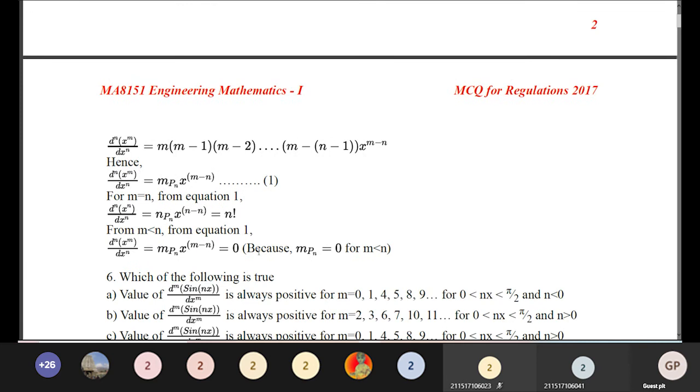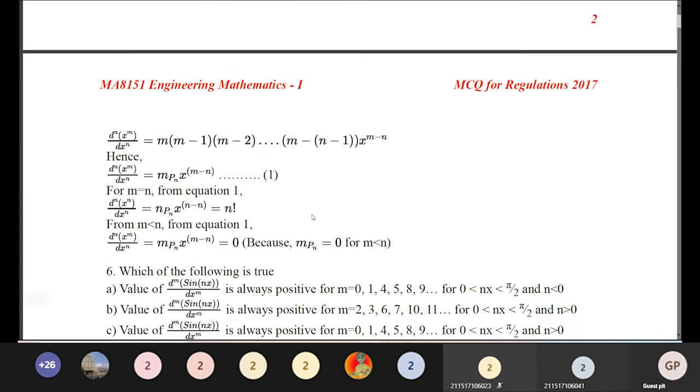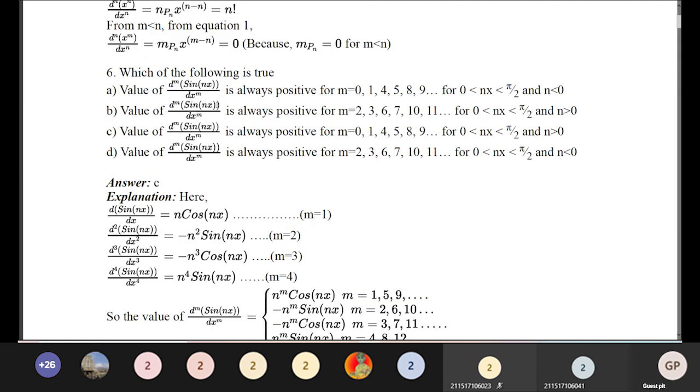If m less than n, that is equal to 0. So we have to choose option A. M less than n, it will be 0. M equal to n, it will be n factorial. M greater than n, it will be mPn x power m minus n.